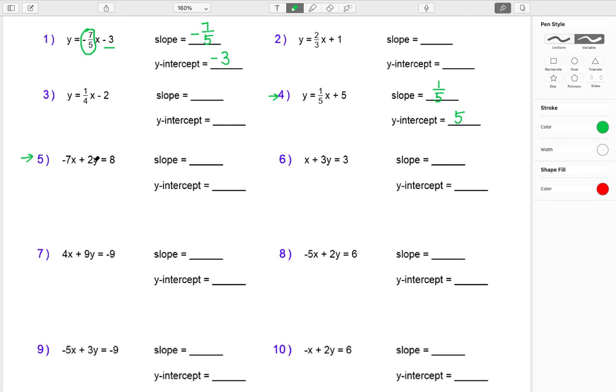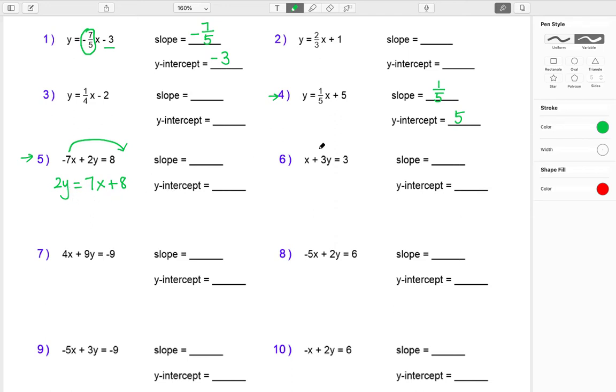So I want to isolate for y. I'm going to move negative 7x to the other side. So on the left side, I have 2y, and on the right side, negative 7x now becomes positive 7x, and then 8 was originally there.